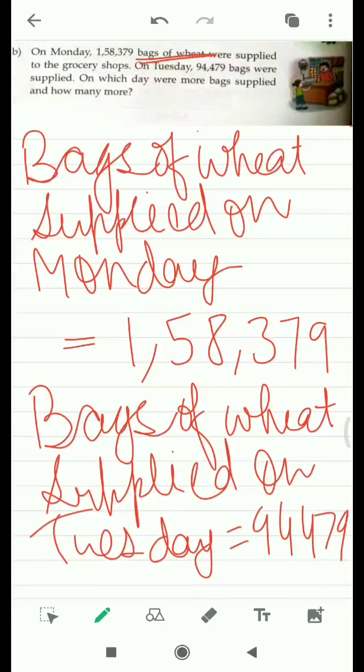Now we have to write on which day more bags were supplied.